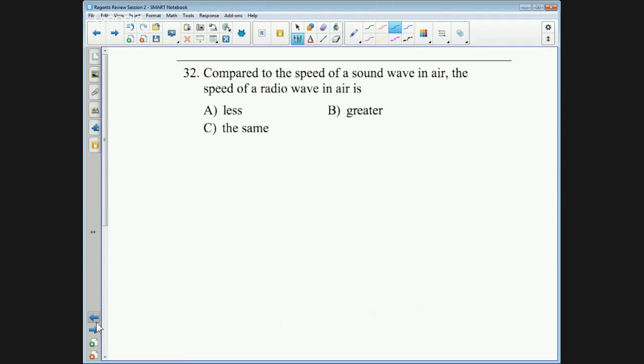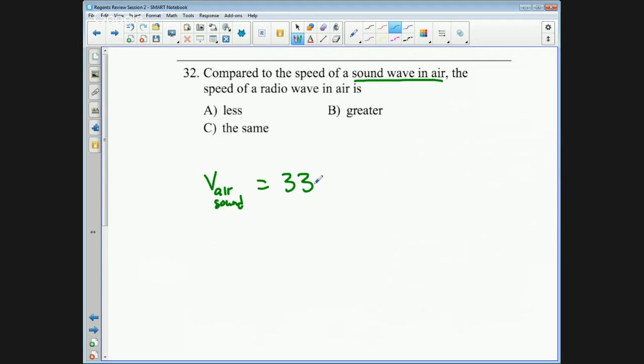For number 32, compared to the speed of a sound wave in air, the speed of a radio wave in air. So the speed of sound wave in air, V for air and for sound.